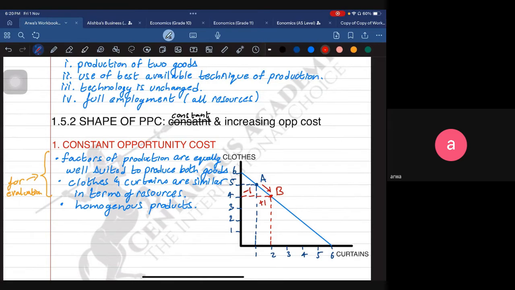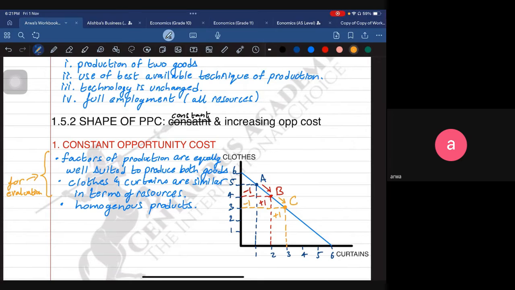Now, if we are moving forward from point B to C, again we are losing 1 unit to gain one more unit.